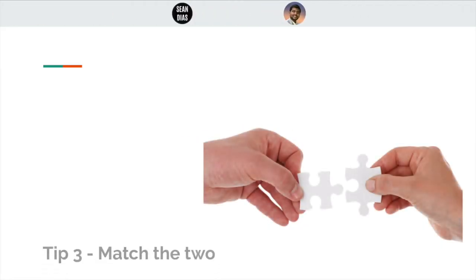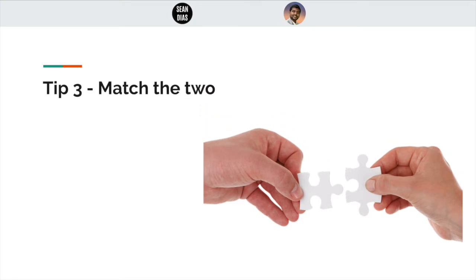The next step is match the two. So, what are these two? You have to match the subject line and the email body. If you trigger curiosity in the subject line, you have to give answers in the email body. Always remember that. At the same time, remember that consistency is important.